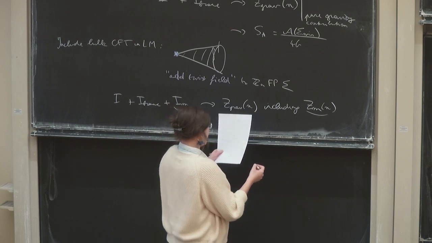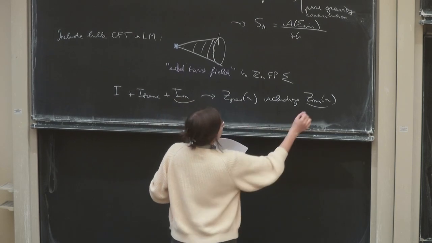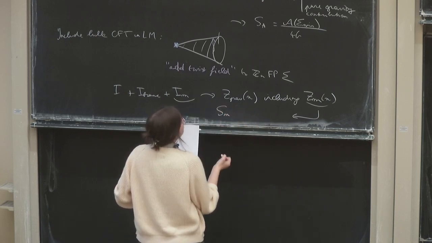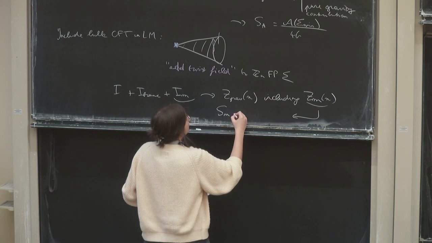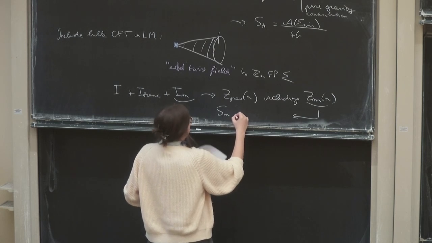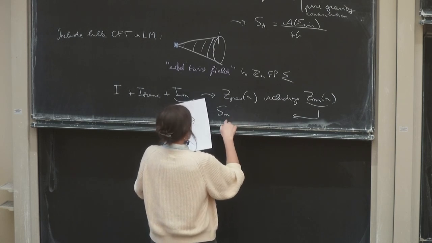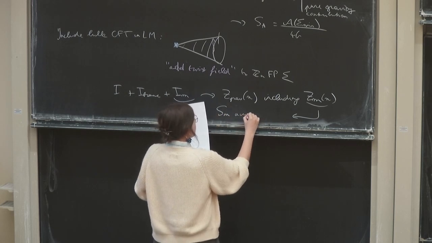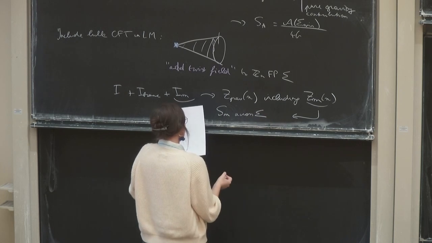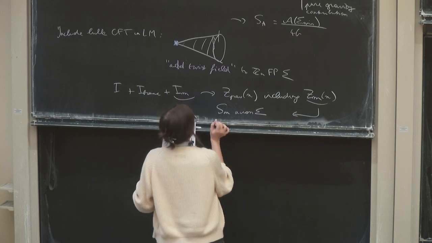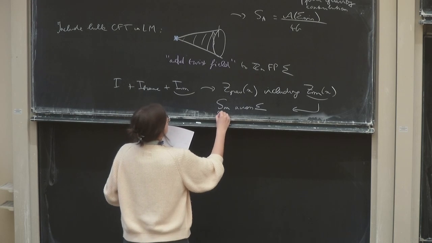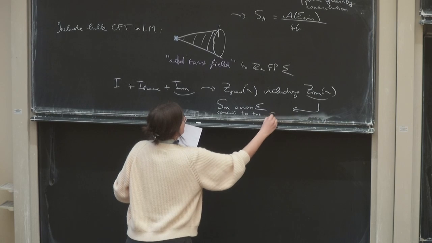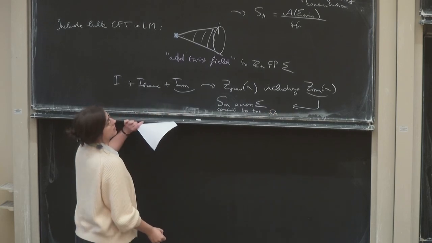And it's that matter contribution that gives rise to a matter entropy contribution to the total gravitational entropy. So a matter contribution which is an entanglement across the Zn fixed point sigma. So such a contribution to the total gravitational entropy SA.